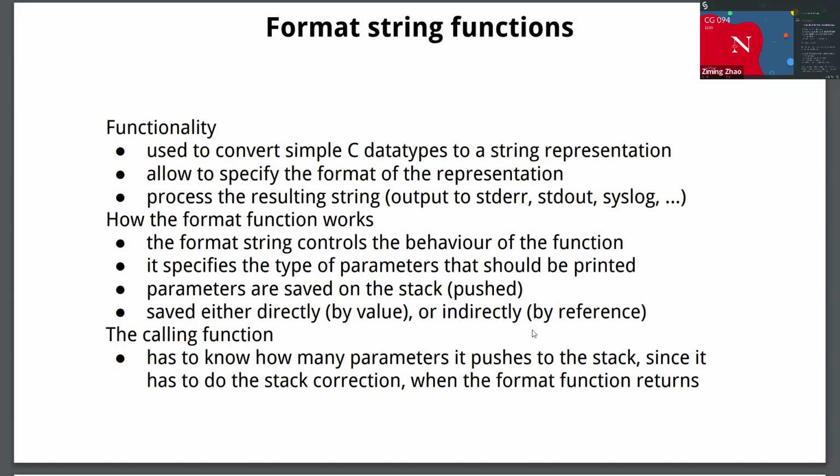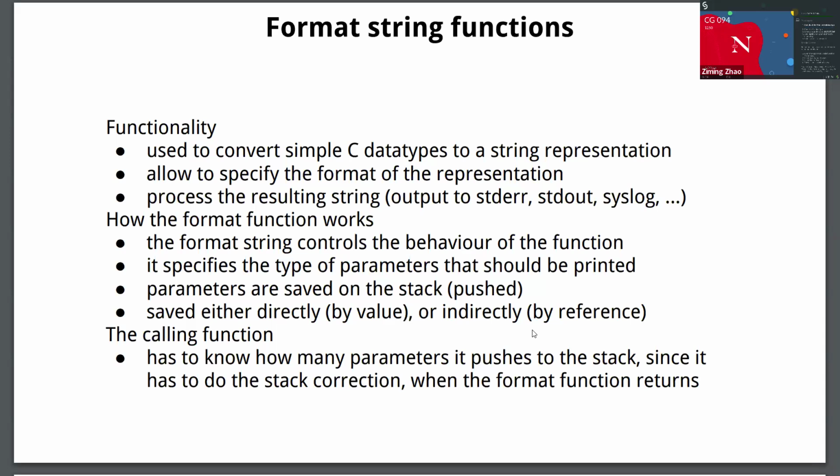The format string itself actually controls the behavior of the function. So in the average example, the first argument, the number, tells that function how many integers are there. In format string functions, the format string tells the function how many parameters are there. And it's the developer's job to give both the format string and parameters. And that's where you can make mistakes.